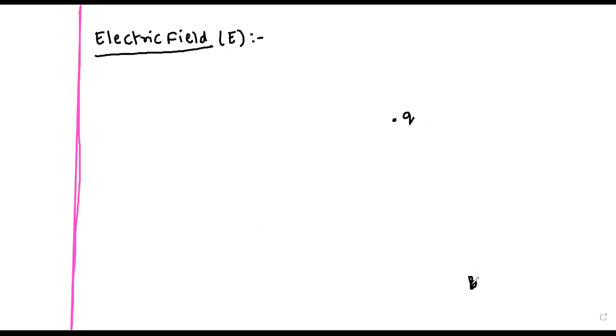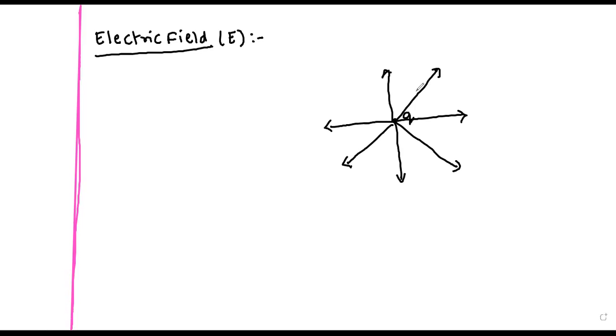Now whenever we are having a charge up to a region, this charge will be distributed. That means this charge is distributed in all the directions. Let us consider this charge is distributed to a distance r in all the directions.